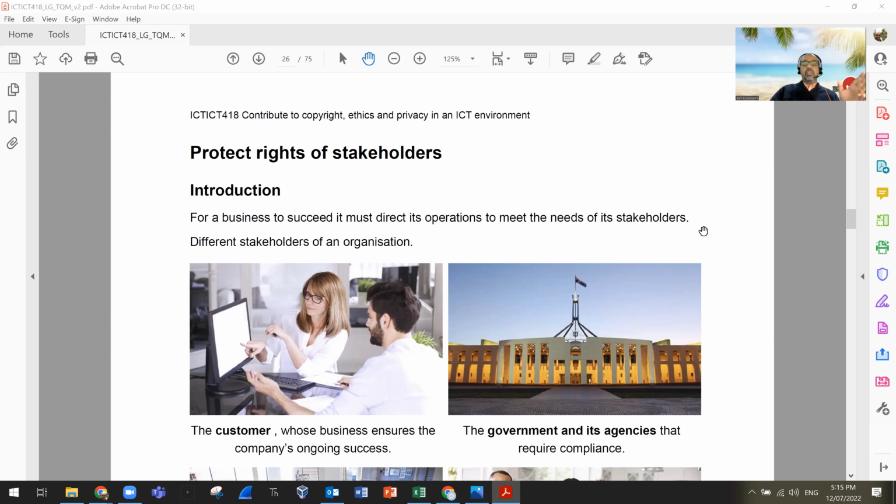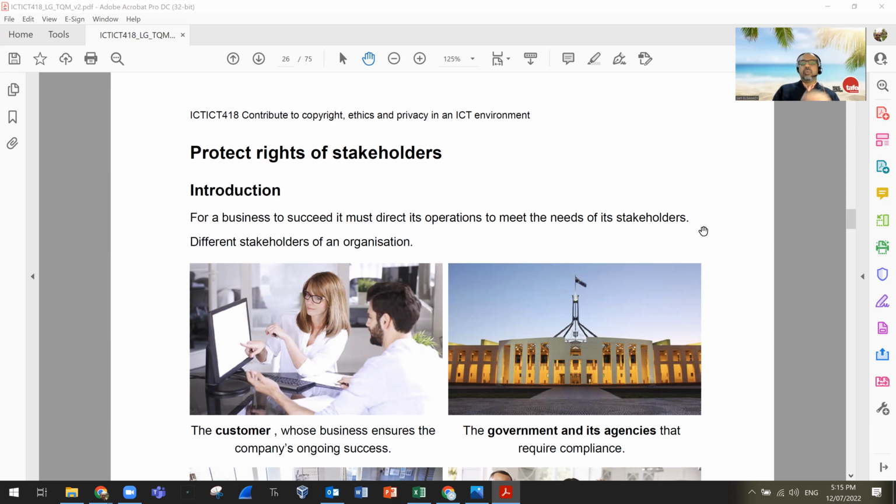Examples of stakeholders could be our IT team themselves, they are stakeholders. The HR department, they are stakeholders. The financial team. Sometimes we have external entities like government, where we need some permission to do something.